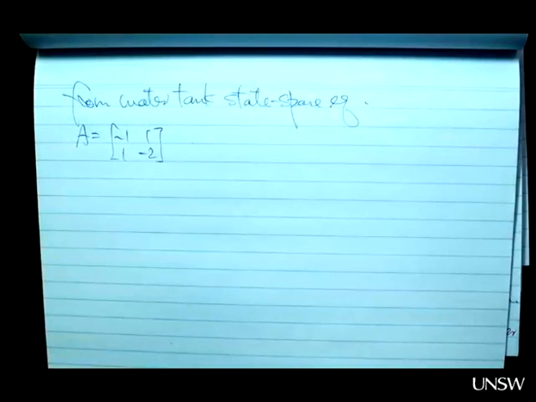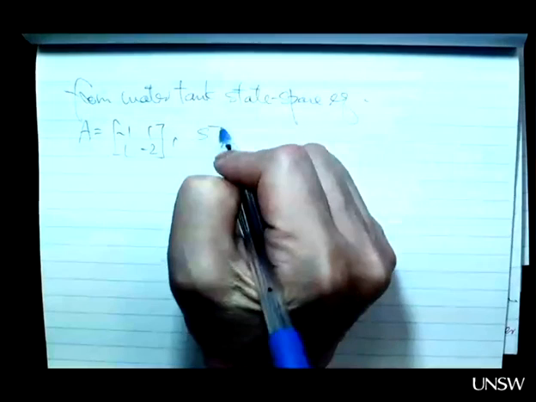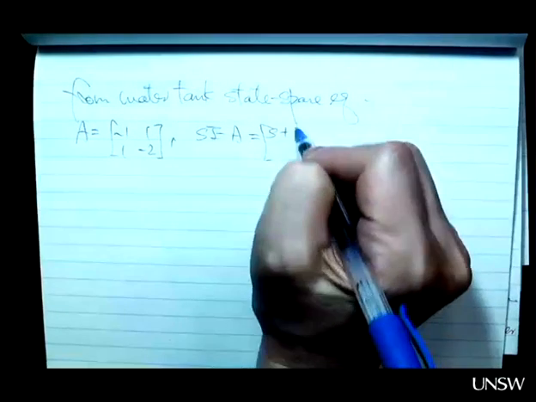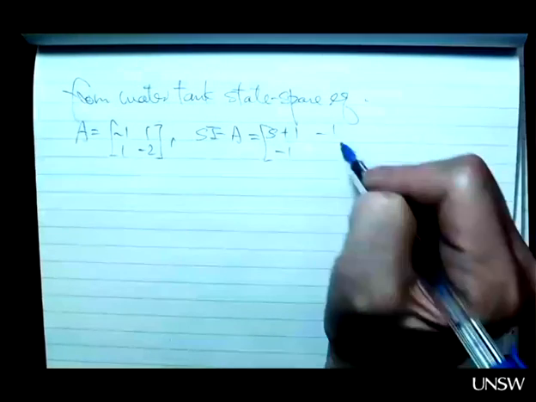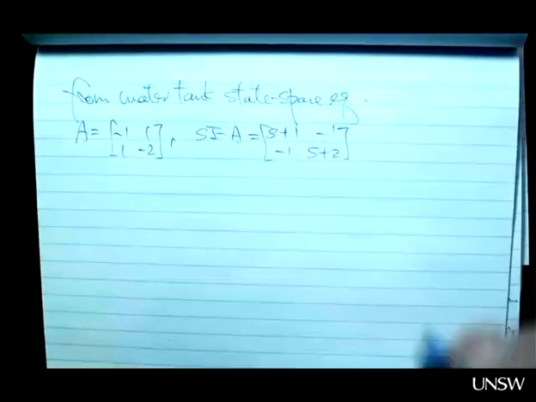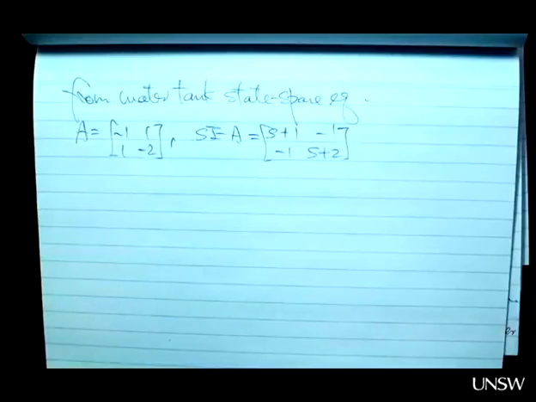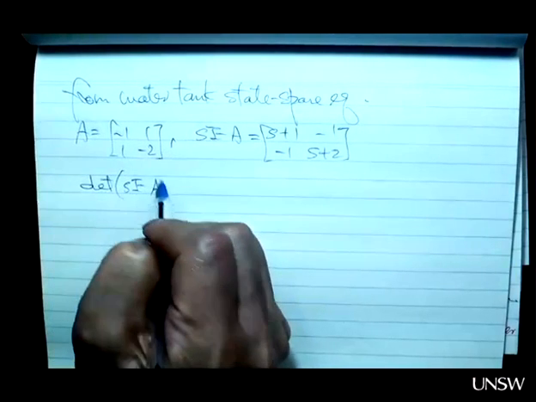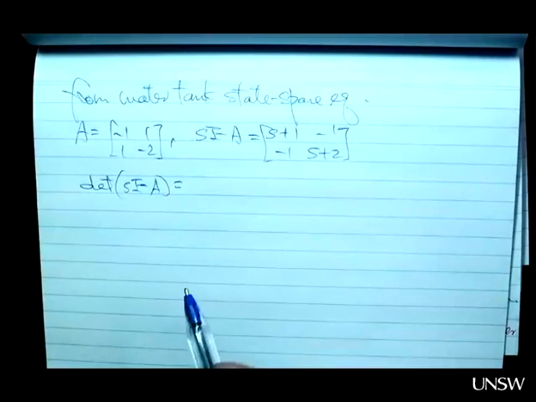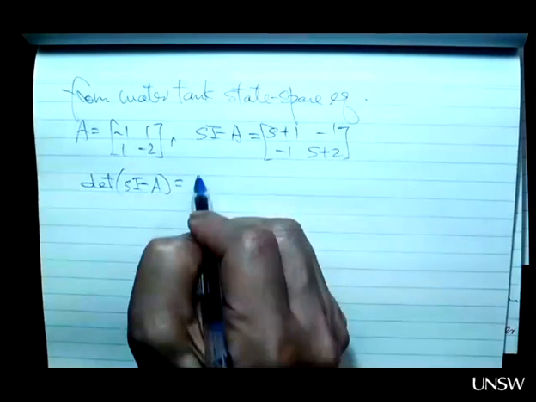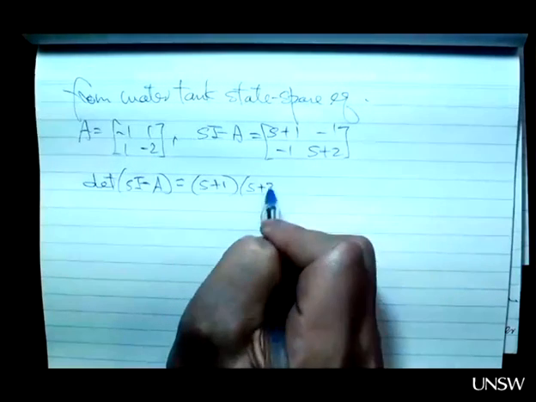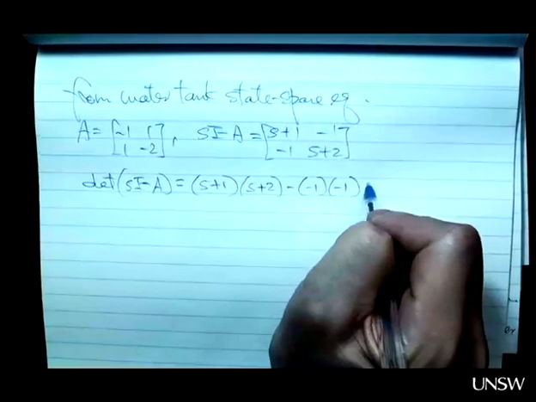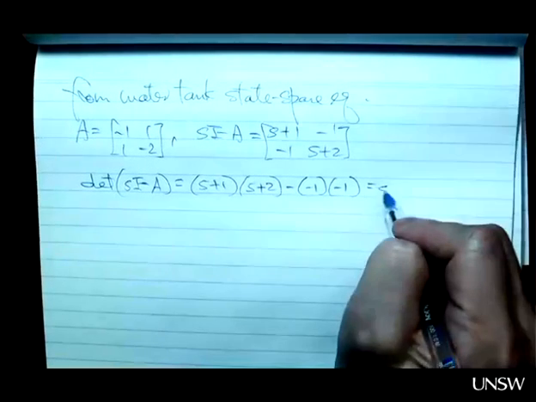Then we have the matrix sI minus A, with entries s plus 1 and so on. Then the determinant of this matrix is (s plus 1)(s plus 2) minus 1, so it is s squared plus 3s plus 1 for this example.